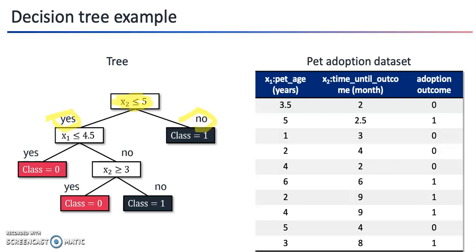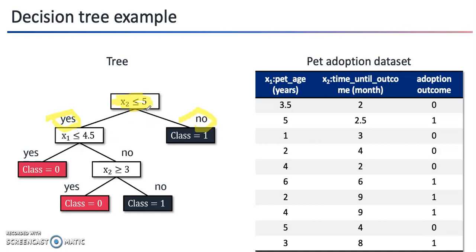If that value of time is less than or equal to 5, then the branch goes to the next node, which has a condition on the first feature, the first column.